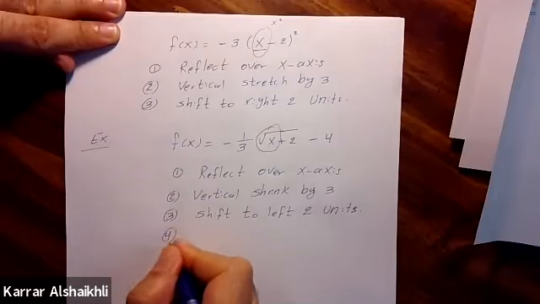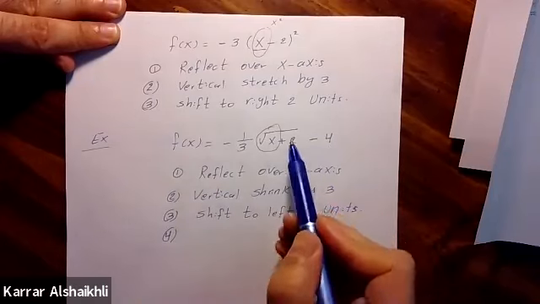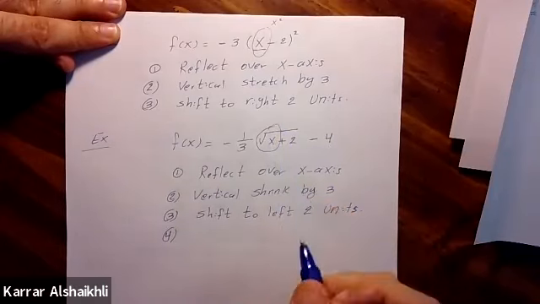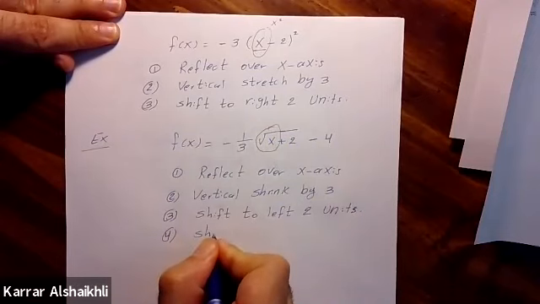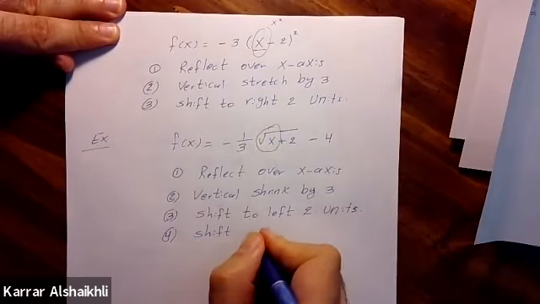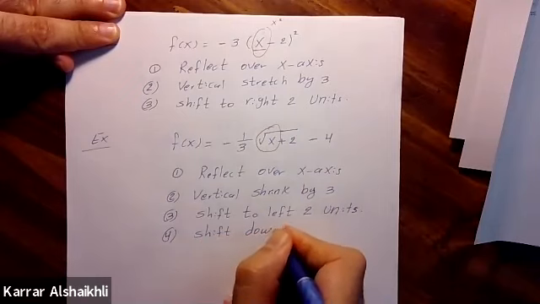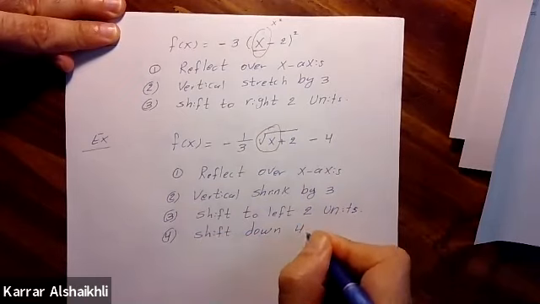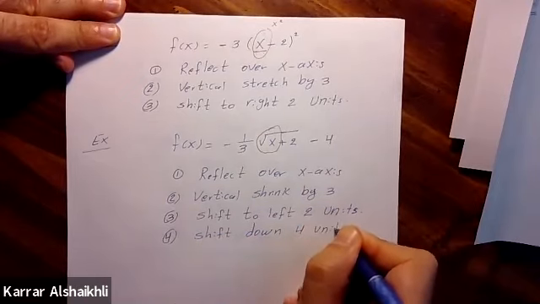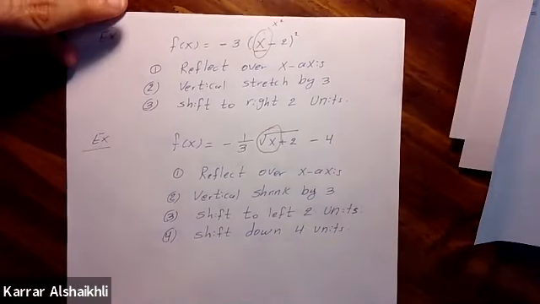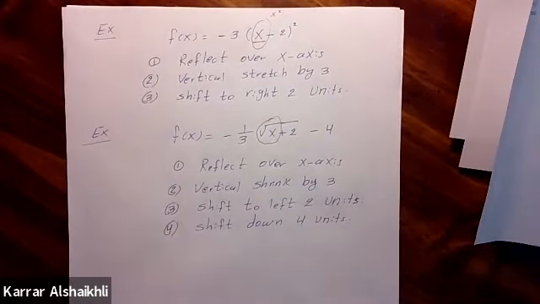I have one more technique, -4, which is outside the parent function. So it's going to be shift down 4 units. That's it for this example.